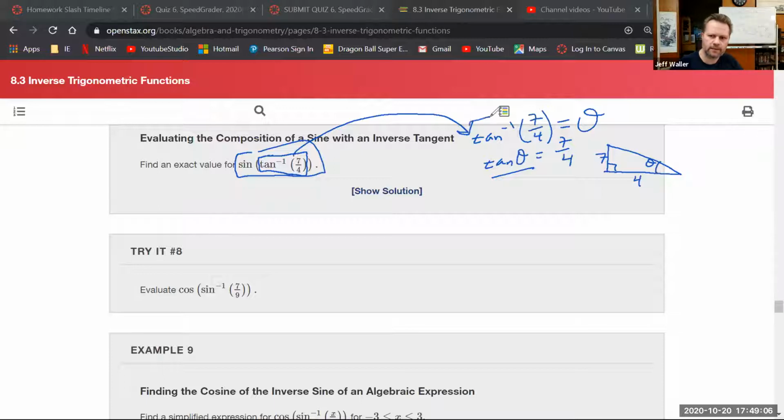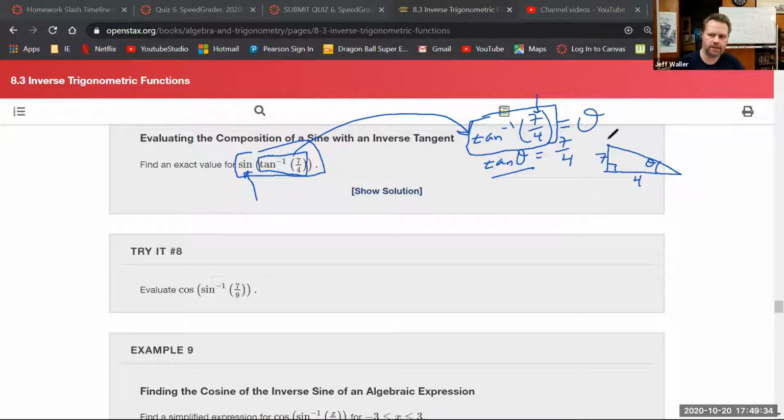So this expression, an inverse trig function, this inside is the ratio that would have been the output for the original function, not the inverse. So that expression by itself sets up a triangle, and then the outside is just asking a question about that triangle. Okay, well, what about the sine ratio? What would that be?